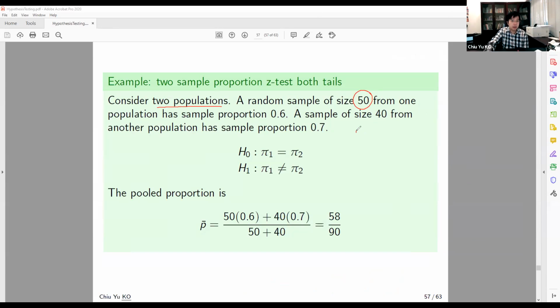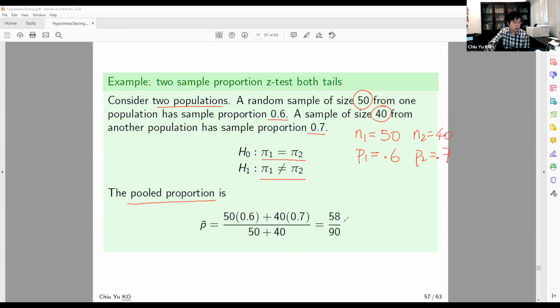Sample size n1 is 50 and sample proportion p1 is 0.6, and n2 is 40 and sample proportion p2 is 0.7. So we are testing whether they're the same or different. It's a two-tailed test.